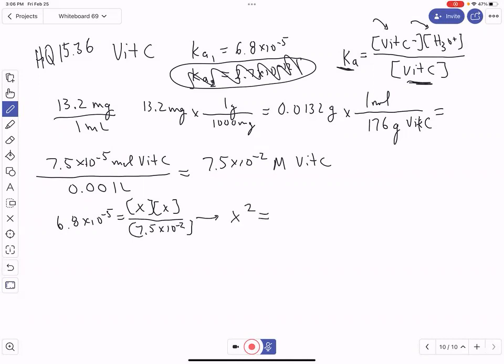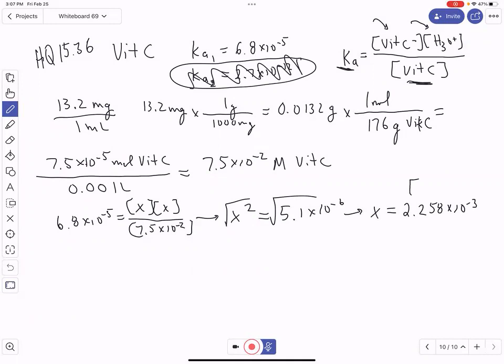Right? How many times have we seen X squared equals? So I'm going to multiply that by 6.8 times 10 to the minus 5. I get 5.1 times 10 to the minus 6, right? Square root of both sides, and I get X equals 2.258 times 10 to the minus 3.